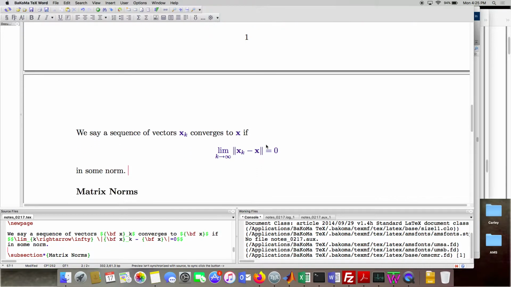Because if xk is converging to x, then the vector between them will converge to the 0 vector, which will have a norm of 0, no matter what norm you're talking about.